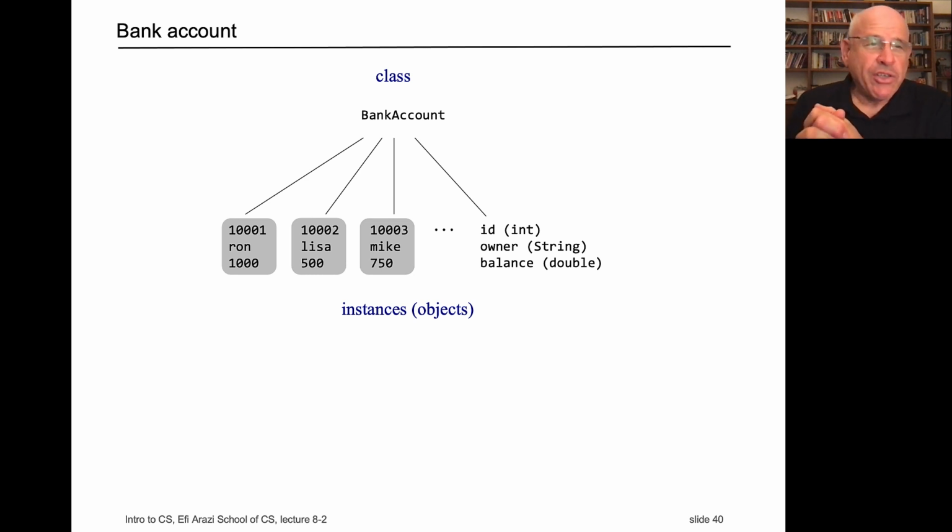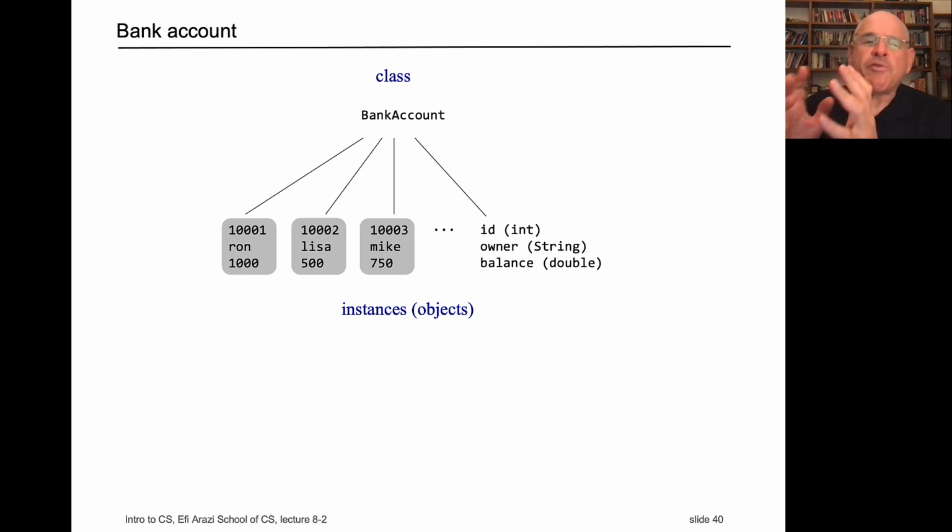So, the fraction entity consists of two properties, which are numerator and denominator. And the bank account entity consists of three properties, which are ID, owner, and balance. You see, every one of these things is a property of the bank account entity.